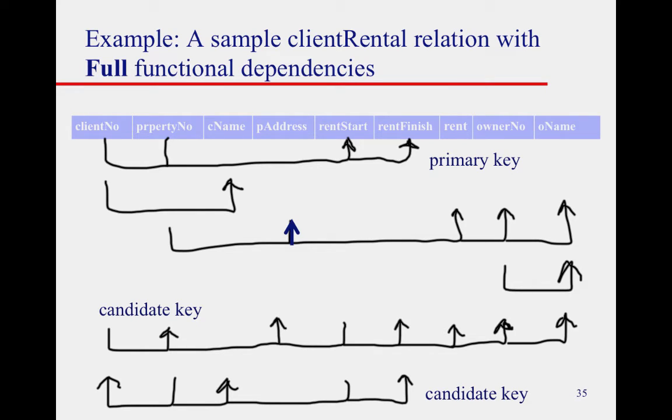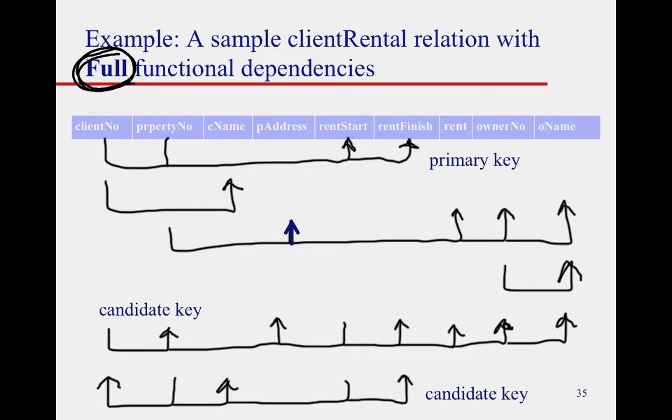So if we just copy all the attributes of a lease form into a table, this is what we get. And now what we want to do is find the functional dependencies, and I have the full functional dependencies illustrated here. We don't want partial functional dependencies here.